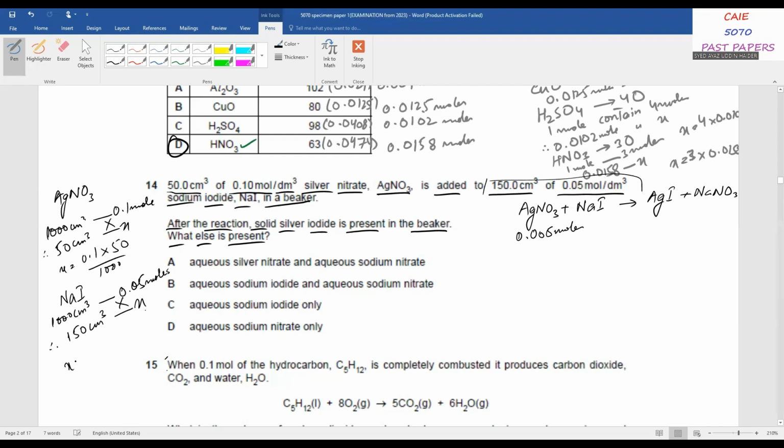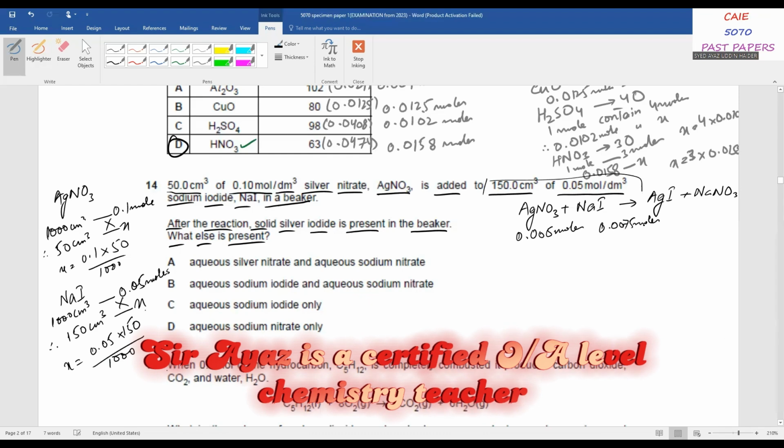So X is equal to 0.05 multiplied by 150 divided by 1000, which is 0.0075. So that clearly indicates that of both reactants, sodium iodide is in excess.